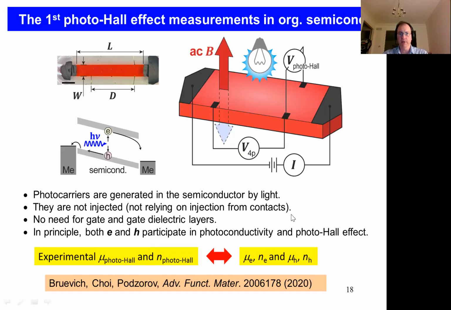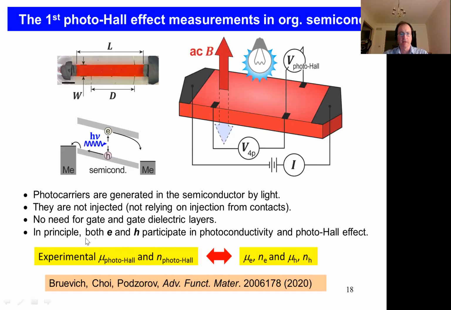So in these devices, we are not relying on carrier injection from contacts. We create photocarriers. We excite electrons and holes everywhere in the channel by using uniform illumination. So these electrons and holes that are photogenerated in the channel drift in the opposite directions along the channel in the longitudinal direction, and contribute to the photoconductivity and the measured photo Hall voltage here.